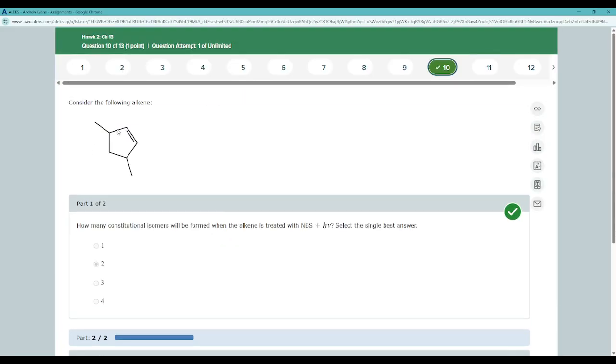So, this guy, I could conjugate it that way or conjugate it this way, but either way, because of symmetry, you only get one unique position from the conjugation.